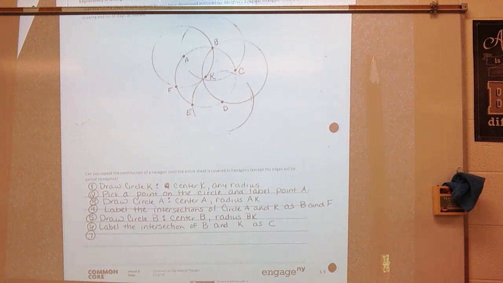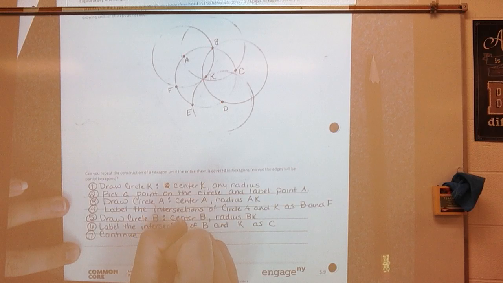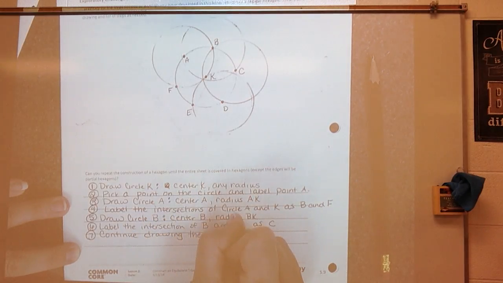Alright, so, instead of continuing to write draw circle C, draw circle D, I'm just going to say to continue drawing the circles needed.